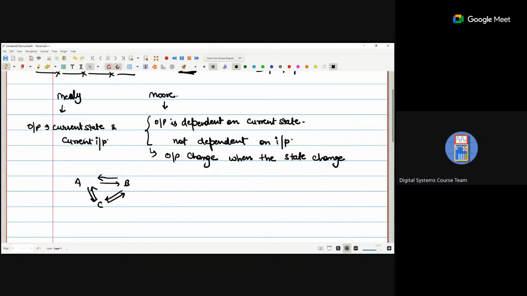Now, which way we approach from A to B is all dependent on the input.